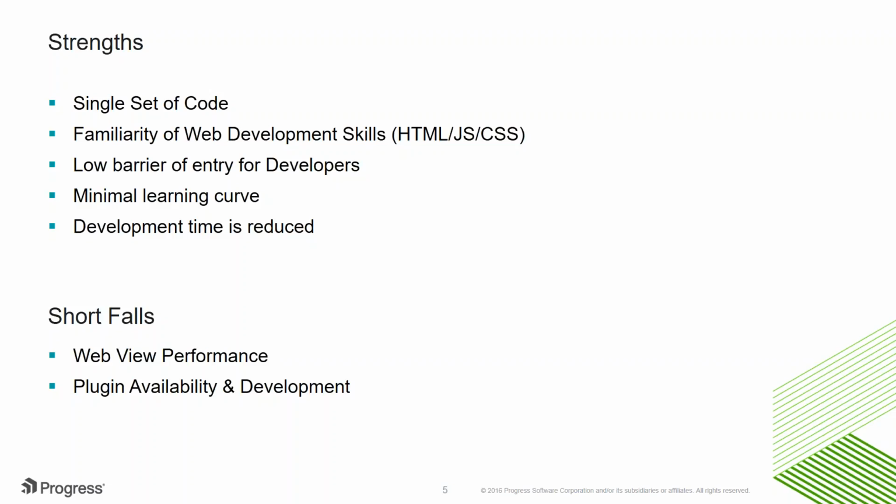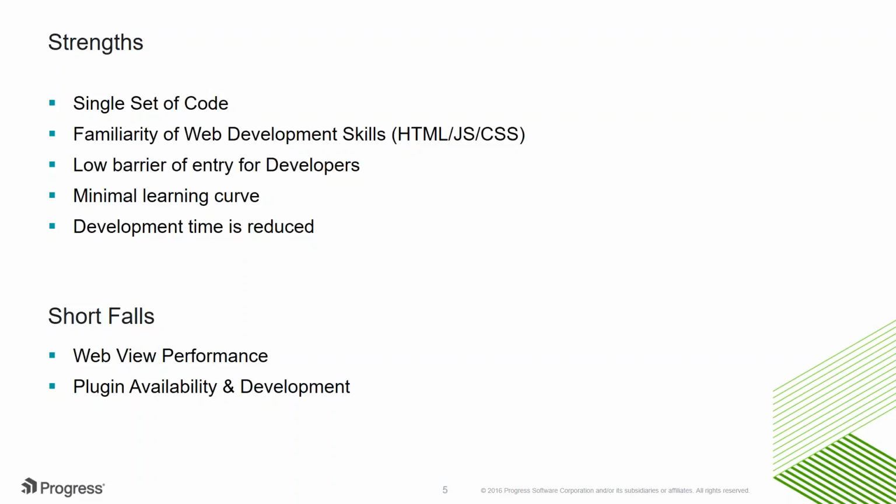Because this is hybrid, meaning it is using HTML, JavaScript, CSS, you probably might already have familiarity with web development skills, and that makes it easy for you to get going with hybrid. So since there is a familiarity of web development skills, there's a low barrier of entry for developers who are coming from the web world. So probably I'm a web dev. I'm doing HTML, JavaScript, CSS day in and day out, but I never ventured into mobile application development.